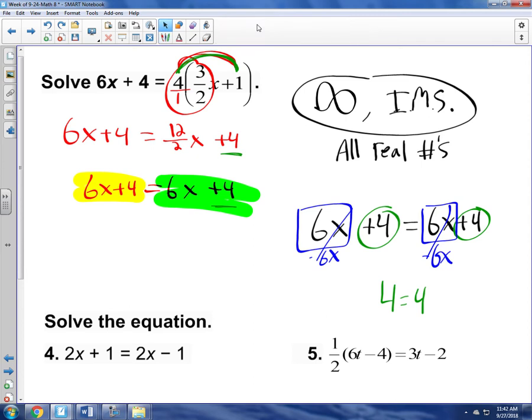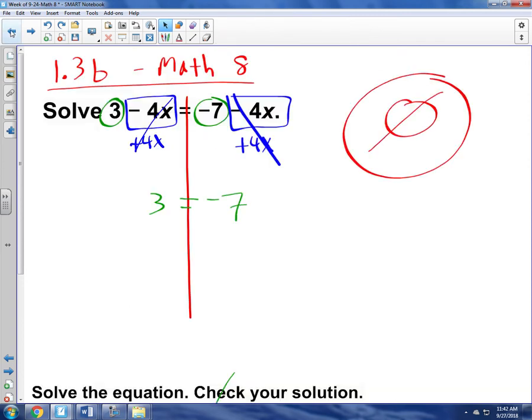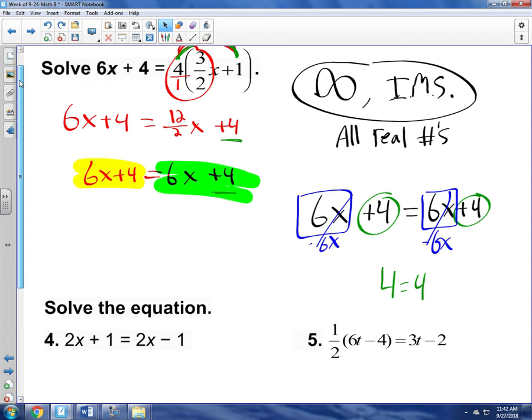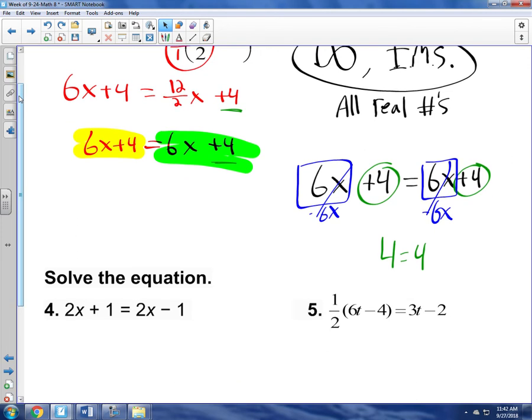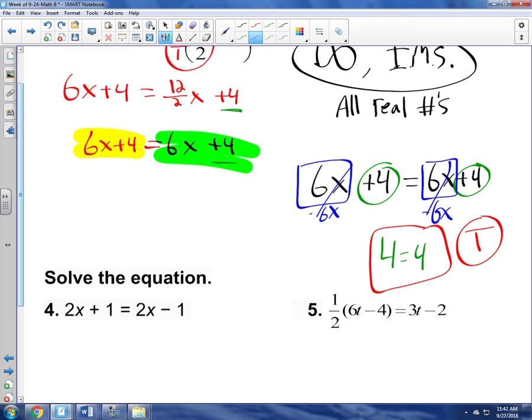Now think back for a second on the last equation. What happened when we had 3 is equal to -7? In this situation, we said it was no solution because it doesn't equal. But here in this situation, it does equal. So 4 equals 4 is a true statement. That's true, and that's what makes it infinitely many solutions or all real numbers.